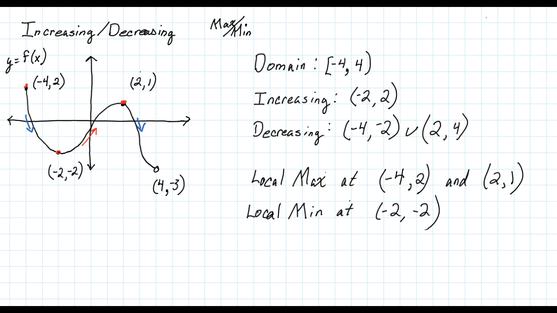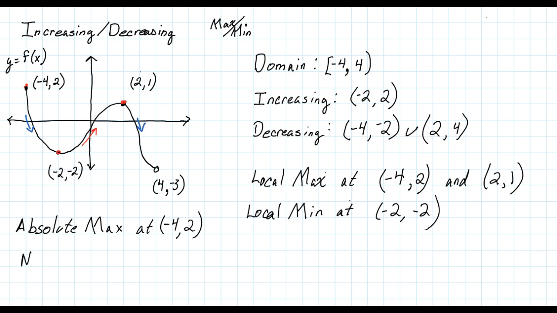Now, the only other thing we need to talk about is absolute max. And this is just the biggest value that we take on. So we have an absolute maximum of 2, and it happens at (-4, 2).